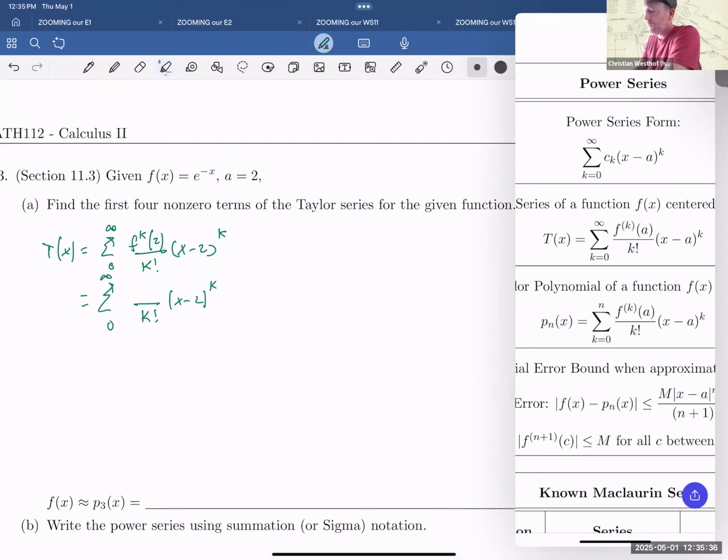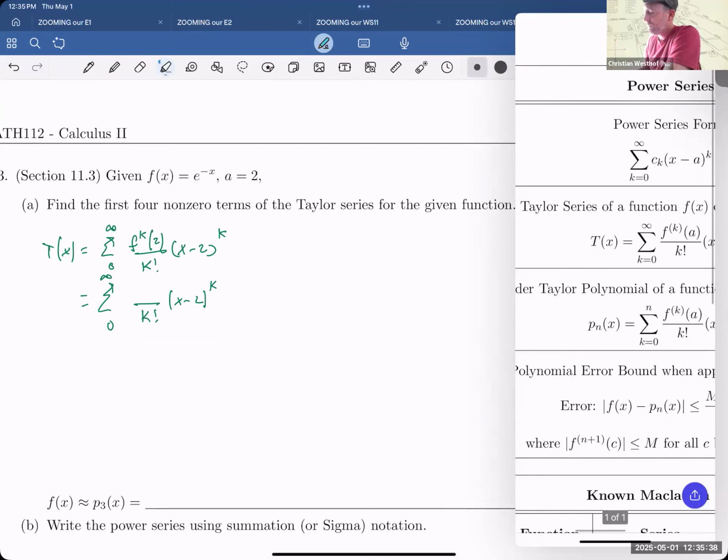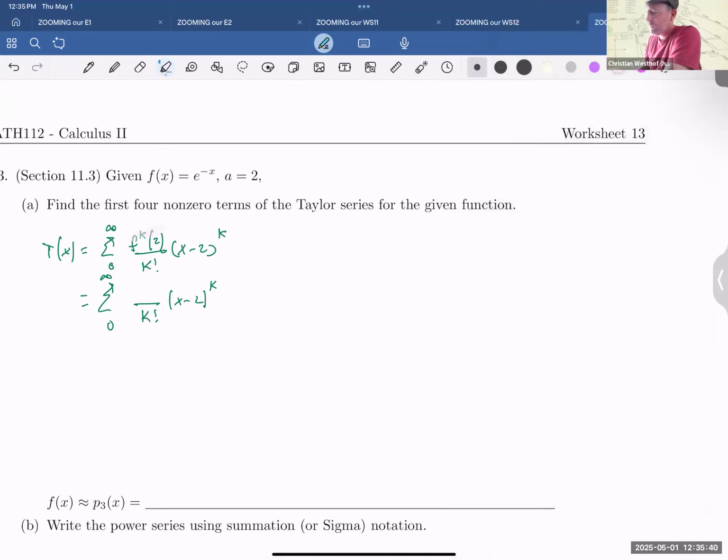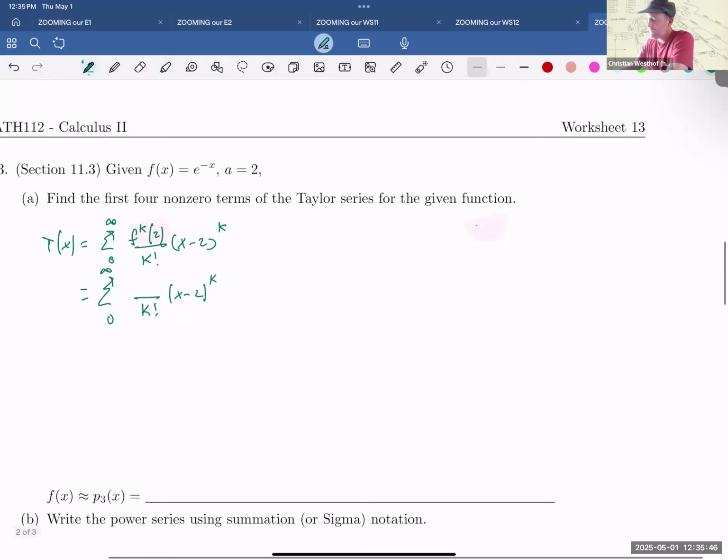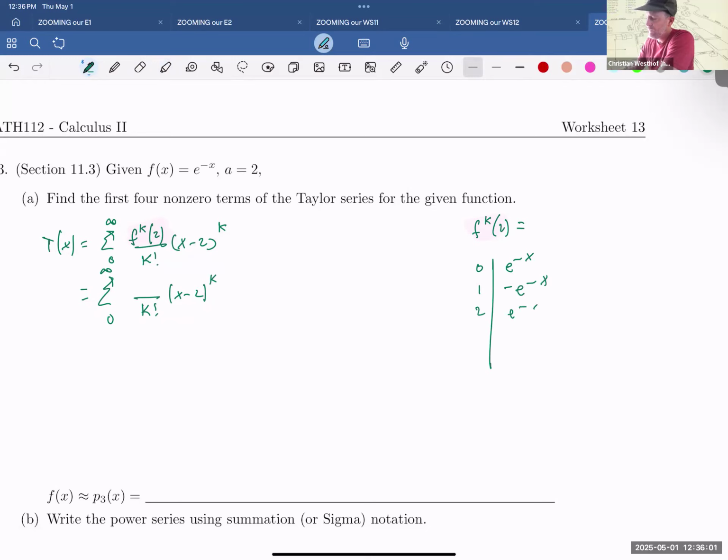When you're using the Taylor series formula, you need to calculate those derivatives. We need to figure out what the kth derivative at 2 would be, and to do that, you need to take derivatives. The original function e to the negative x is itself, then the first derivative, second derivative, third derivative, fourth derivative.